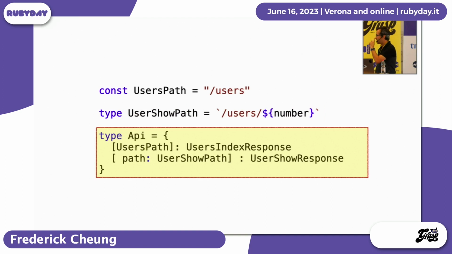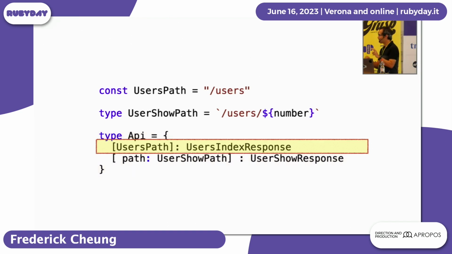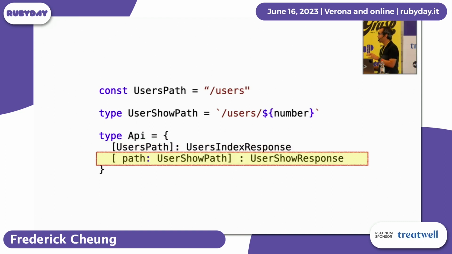And then we've got this API type, which is a bit of a funny thing because there are no objects in our code base that actually conform to this type. The only thing it's doing is creating a mapping between basically /users and the response type for that endpoint, and from the users/number pattern and the singular response type.